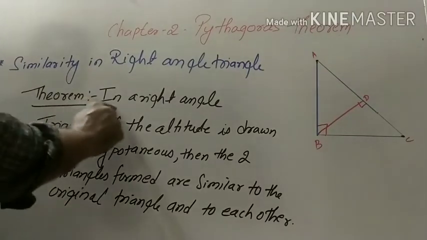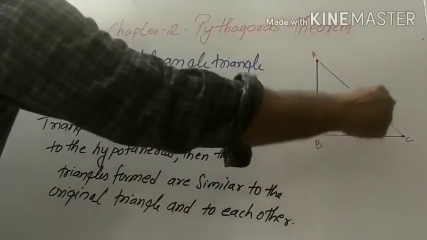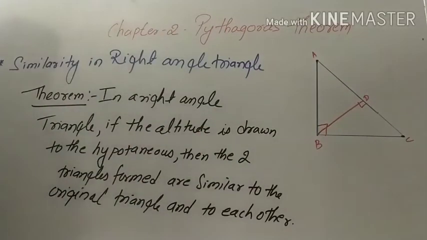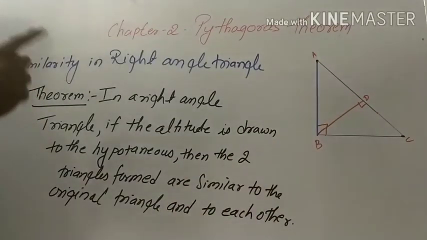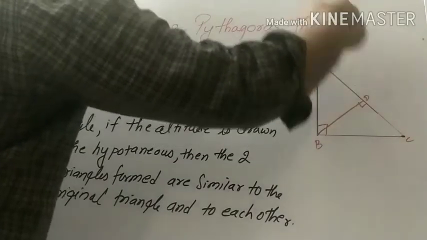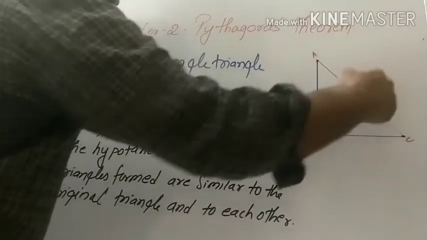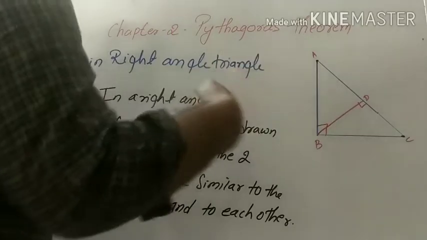The theorem is that in a right angle triangle, if the altitude, means perpendicular, is drawn to the hypotenuse, that means it is 90 degree and altitude drawn on the hypotenuse, then two triangles are formed.